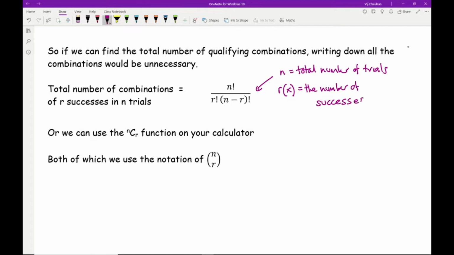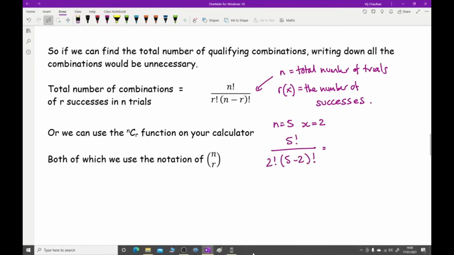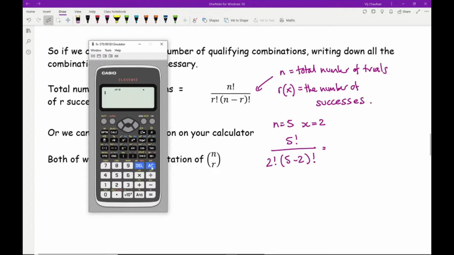So if you look back at the previous question, here we had n equals 5 and we were looking at 2 successes. Then typing this into our calculator, I'd do 5 factorial over 2 factorial and then 5 minus 2 factorial. If I get the calculator out, I can enter this formula in.